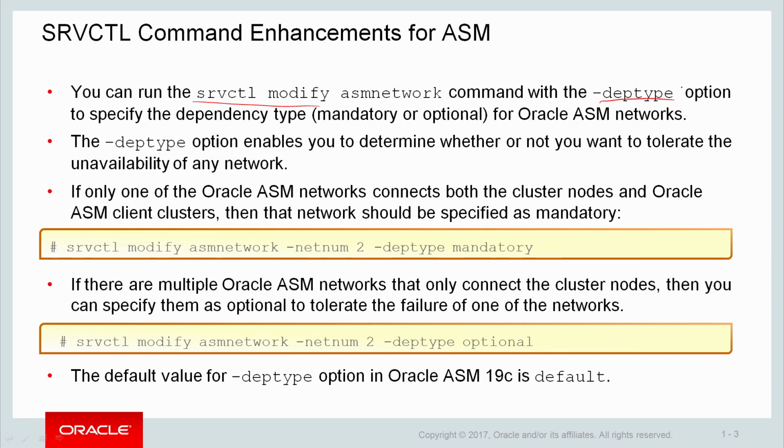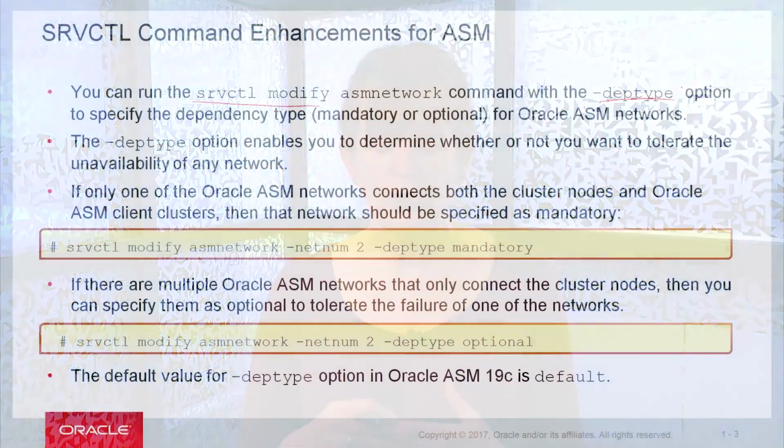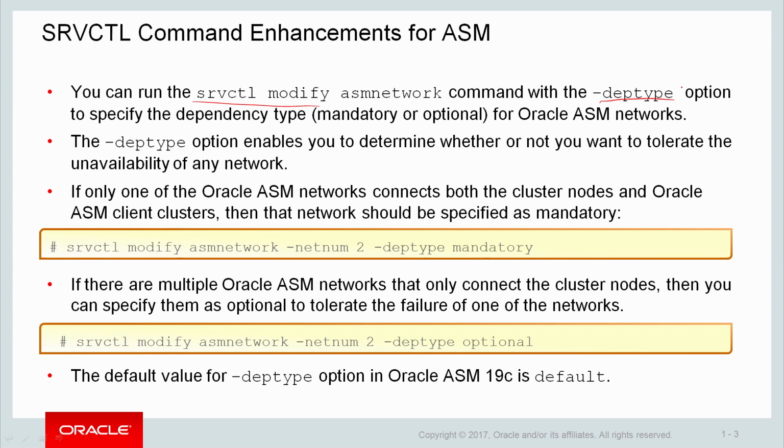Well, if you only have one ASM network, then if that breaks, disappears, then you are in big trouble. And this means it's mandatory that that ASM network is there. If you have more than one, if one of those ASM networks disappears, then you can still function. So this would be an optional ASM network.